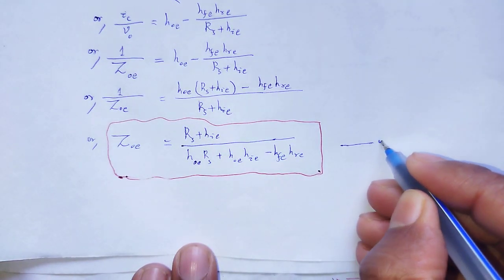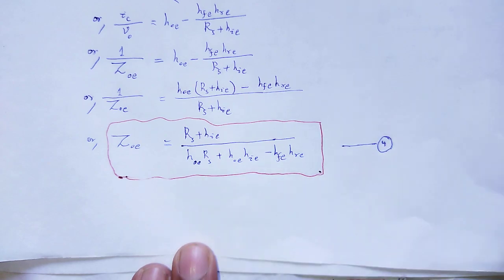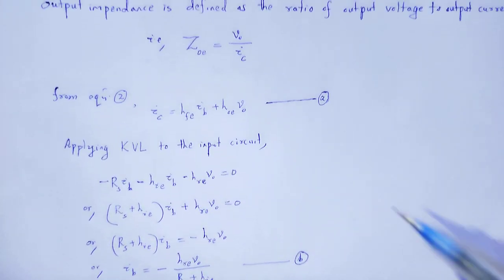Equation number 4. Now, output impedance is calculated.